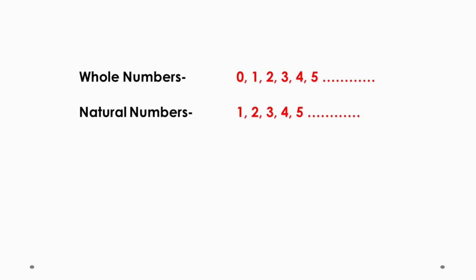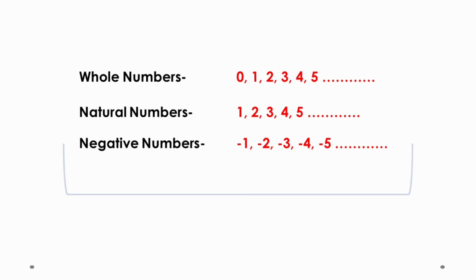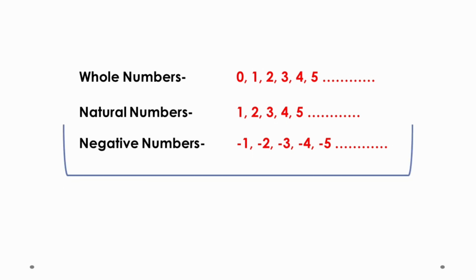We also know about negative numbers, the numbers that are smaller than 0, that is -1, -2, -3, -4, and so on. If we put whole numbers, natural numbers, and negative numbers together, the collection of numbers is known as integers.